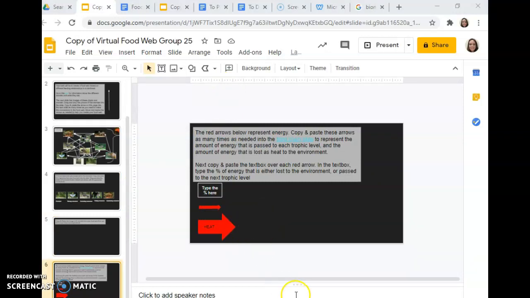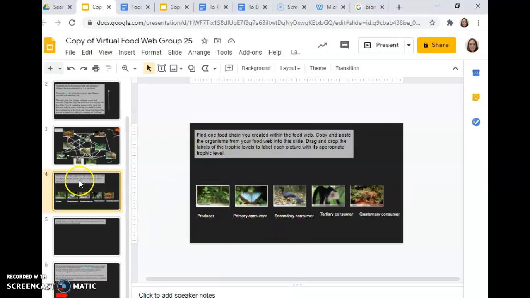Just like last time, you're going to copy and paste these arrows as many times as you need into the food chain. We're going to start with the little arrow, because this will show how energy is transferred in between the organisms. I'm going to go back to my food chain slide and paste that. You're going to paste that in between each organism.